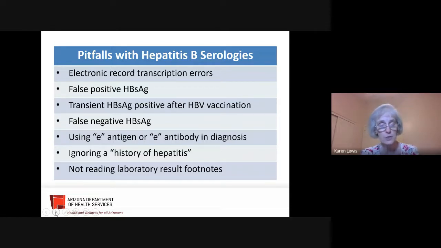And I mentioned reading laboratory result footnotes. Somebody had thought, okay, I'm going to do a DNA PCR and I'll find out. And again, it said not detected, but then the footnote said, well, there's something there, but it just does not reach the lower limit of positivity.